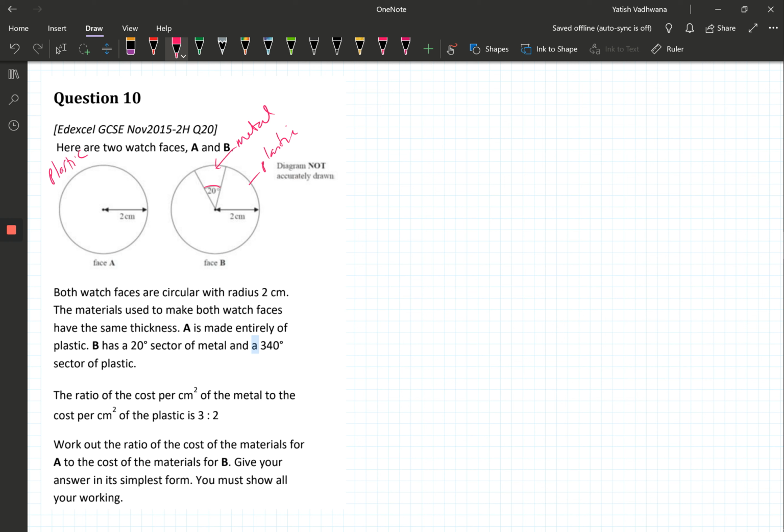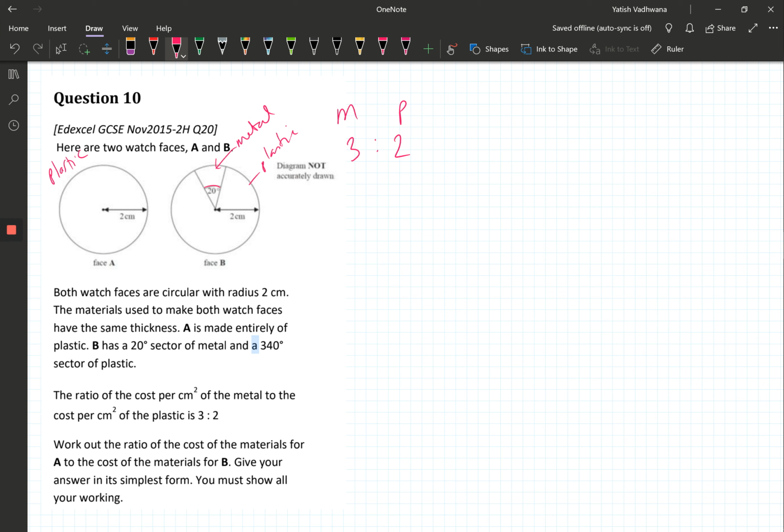The ratio of the cost of the metal and the cost of the plastic is 3 to 2. Work out the ratio of the cost of the materials for A to the cost of the materials for B. Give your answer in the simplest form.